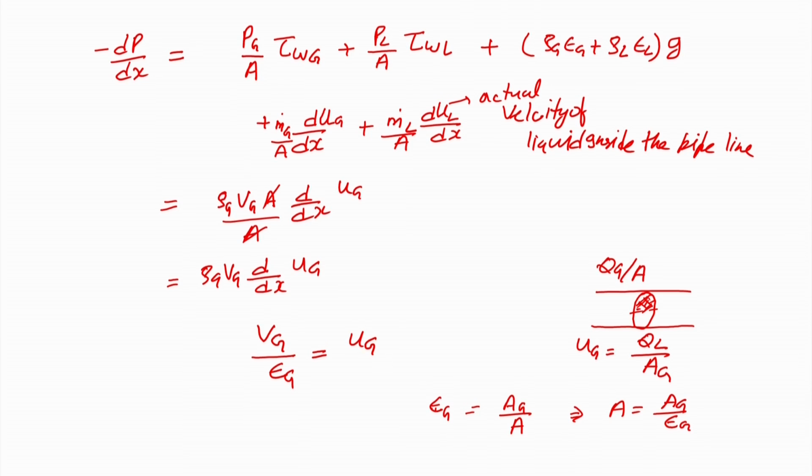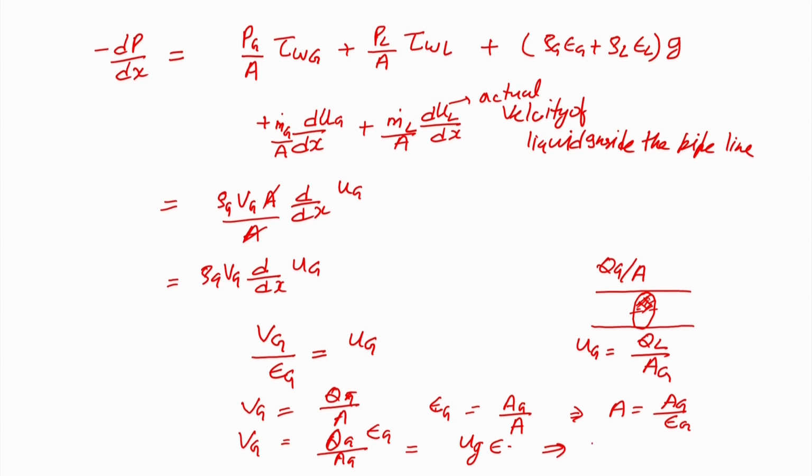Now, if you reduce this equation, you can write Vg, which is nothing but Qg upon area. Now, area can be written as Ag upon epsilon g, so Qg upon Ag into epsilon g. Now Qg upon Ag is equal to Ug, into epsilon g is equal to Vg.